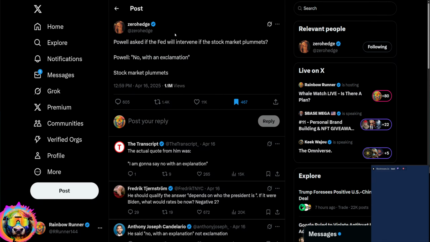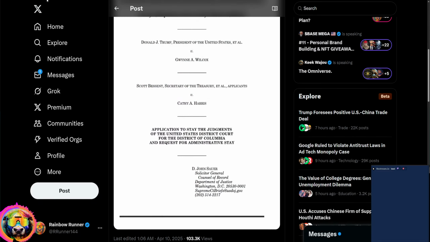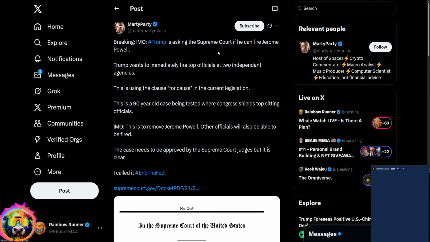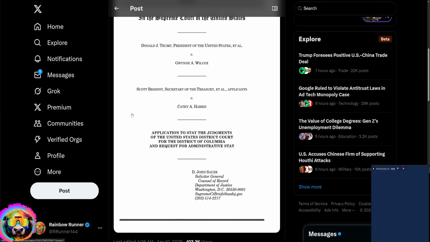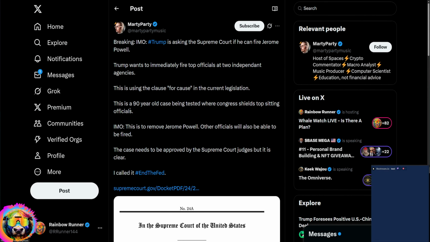This is the whole world market reacting to Powell's comments in a Q&A, while at the same time, Trump is actually asking the Supreme Court if he can just straight up fire Jerome Powell. So it's interesting, very interesting. I don't think he can, and legally he can't right now, but he said, F it, we're going to ask the Supreme Court. Because right now, Trump wants Jerome to drop rates.